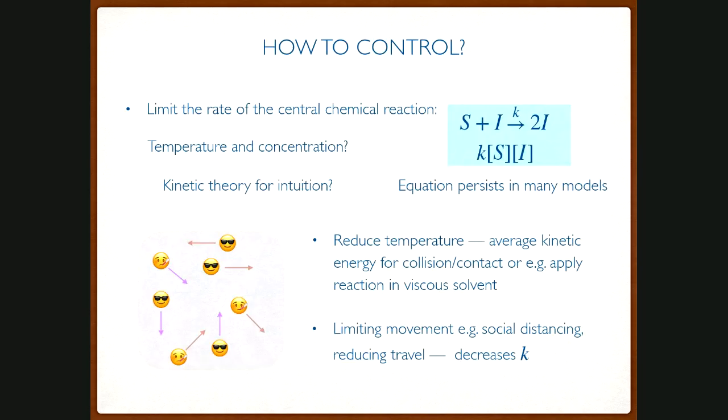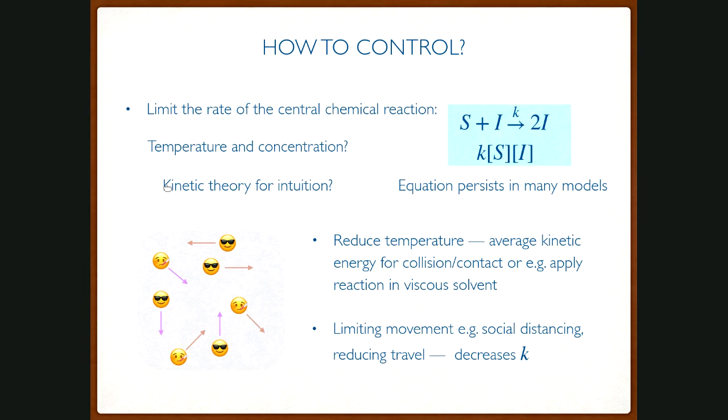So if we look a bit more in detail about how you control the epidemic, we do want to reduce R0, but how can we do that? Effectively what we're doing is limiting the rate of the central chemical reaction. And we could try and use kinetic theory of, for example, gases colliding, to think about why, at least conceptually, certain measures might work.